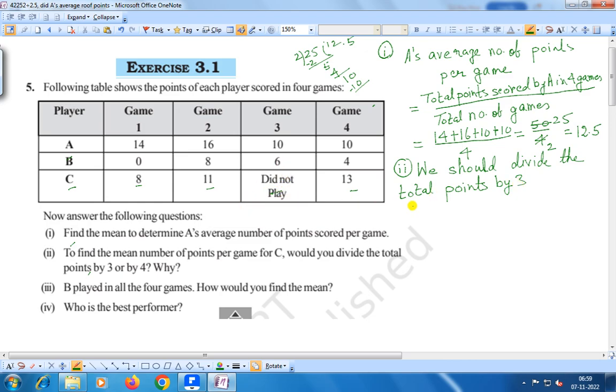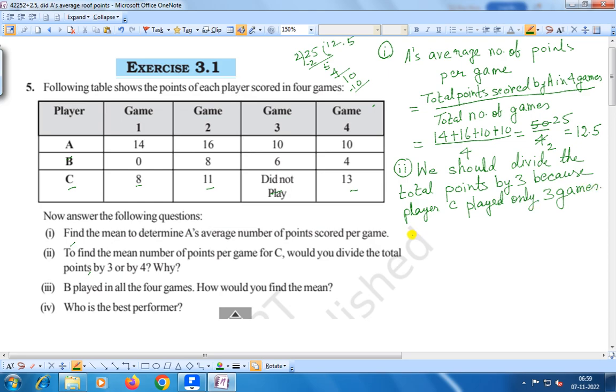You can write the reason: because player C played only 3 games. Only 3 games, right?